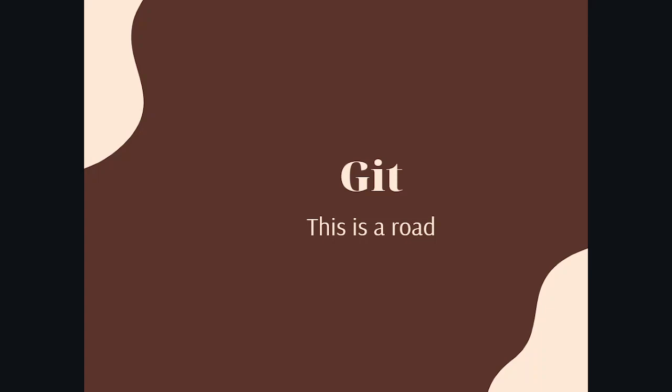So without Git there's no way for us to put our code on GitHub. You'll hear some people saying no, there's GitHub Desktop, and also you can go to GitHub and upload our code from there directly.